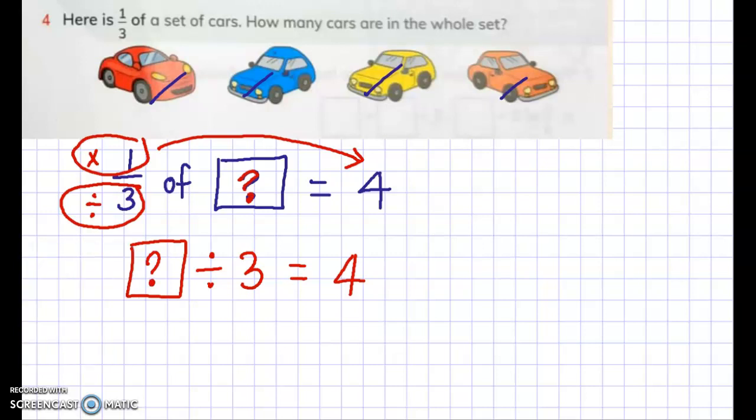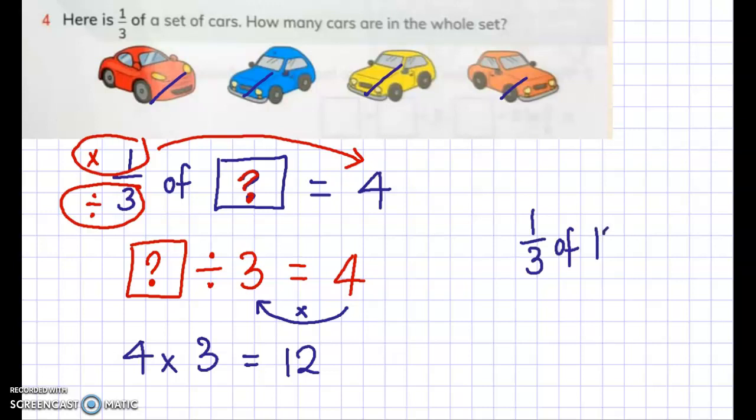To find this out, you need to times the number. So 4 times 3 equals 12. So it is actually 1/3 of 12 equals 4. So here we solve the answer.